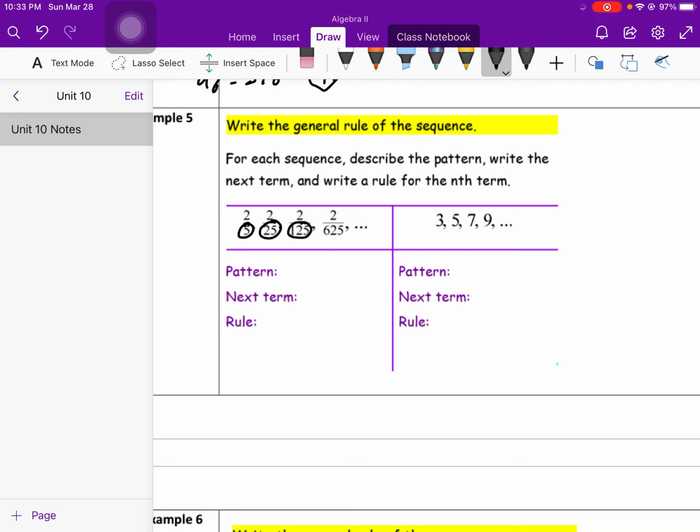This is 125, but they're going up by multiples of 5. So we're kind of like multiplying the bottom by a factor of 5. So the pattern here is going to be 2 over... Then I'm just going to make a note that it's a multiple of 5.